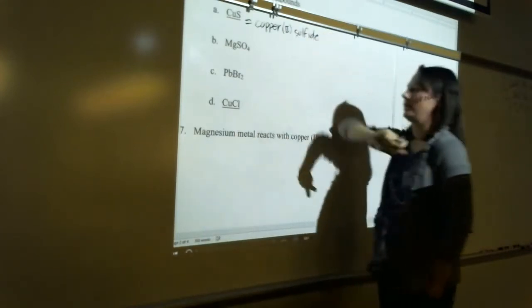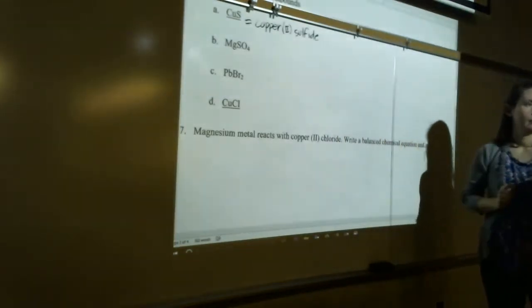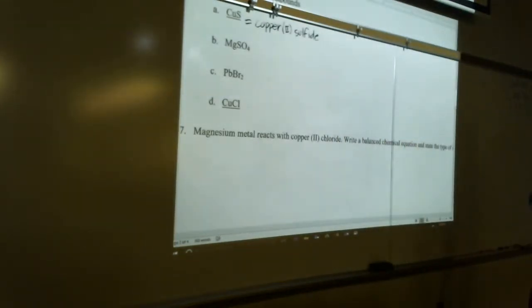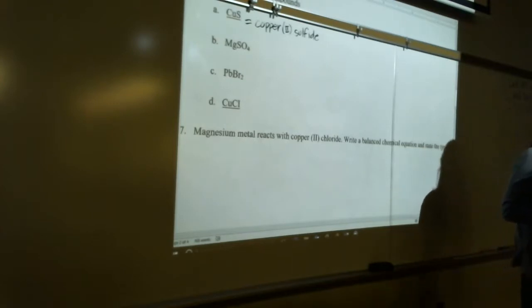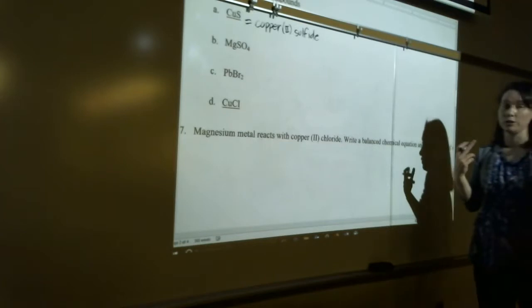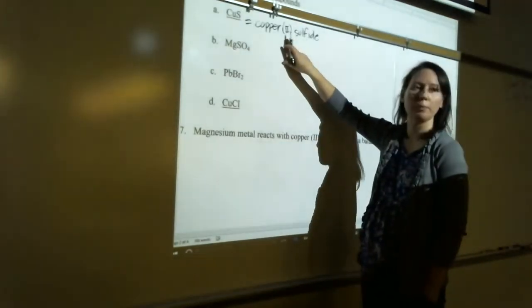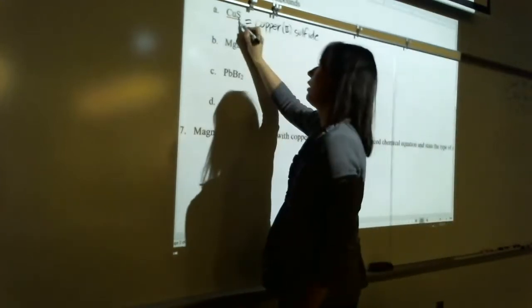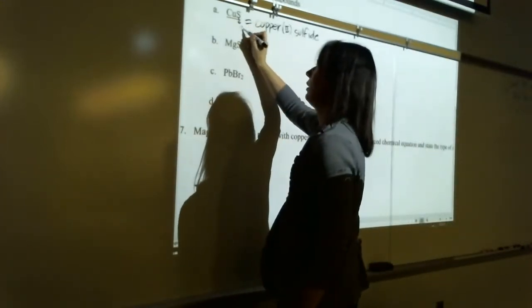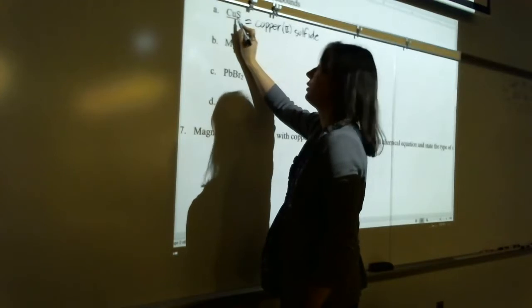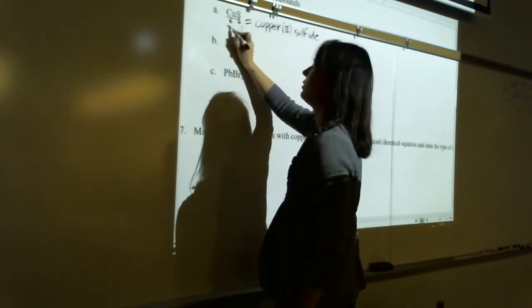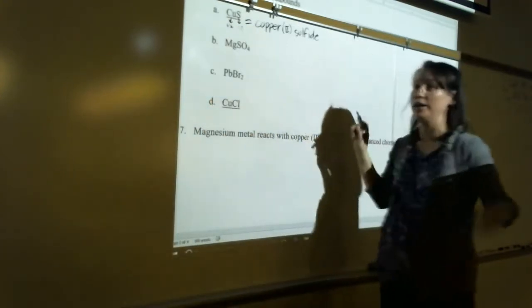Why is that 2 necessary? Because copper can form ions, cations of more than one charge. We've got to specify which one. And how did I know it was copper 2? Well, if sulfide is -2, and the subscript here is 1, that means this one must be +2. Got to work backwards. Uncrisscross.